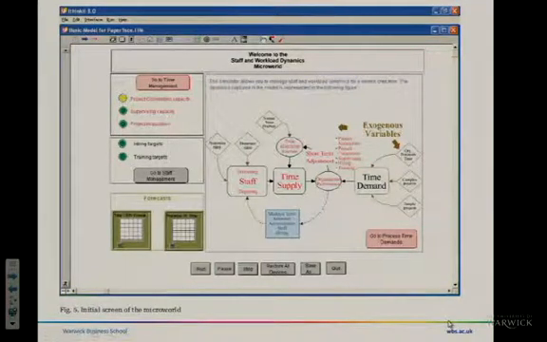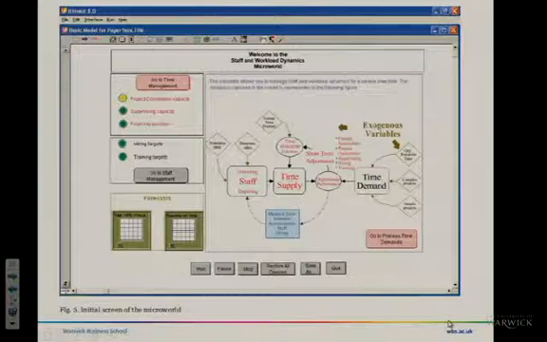On the one hand, they have some forecast about the number of projects that they're going to have. That's the bottom left-hand side. On the right-hand side, you have all the dynamics that you see, and you have different buttons where you can click and see additional information. For example, you can go to the process time demand.